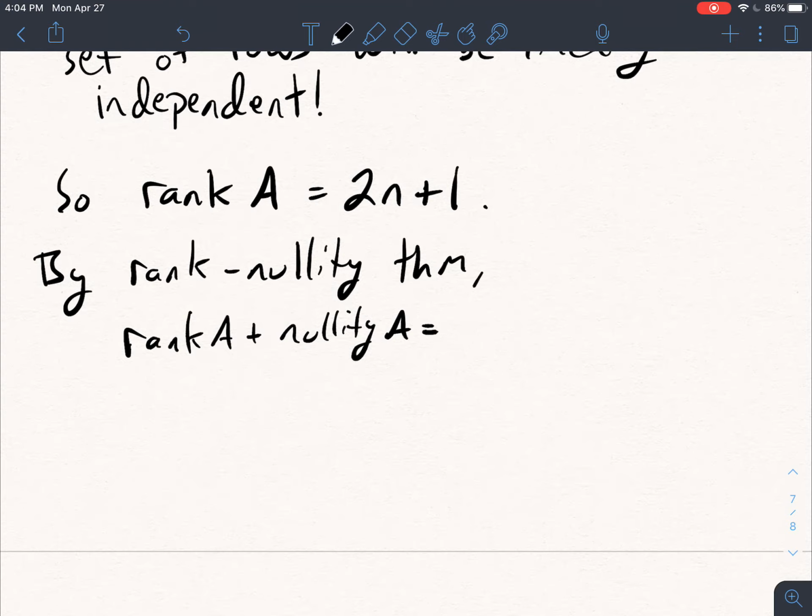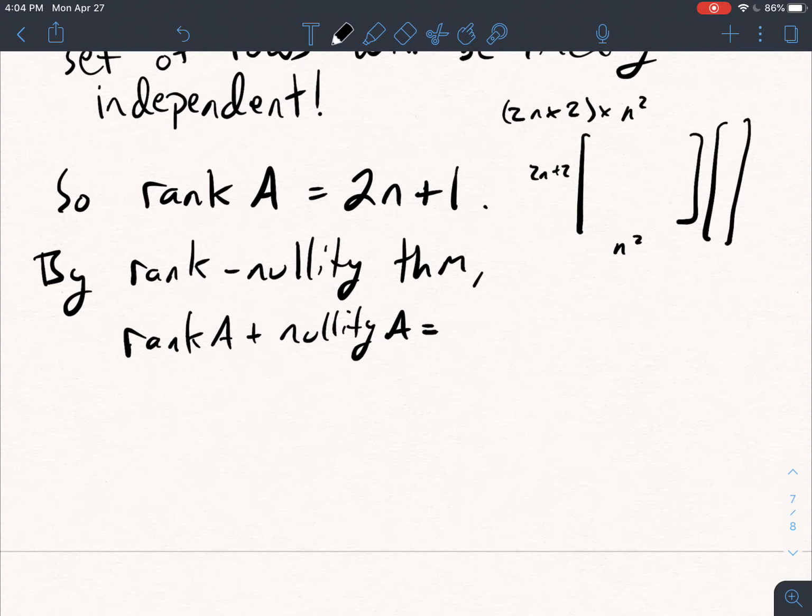I get that the rank of A plus the nullity of A is equal to the dimension of the domain of any map that A represents. So A is a 2n plus 2 by n squared matrix. So I have 2n plus 2 and then n squared. If I were to multiply by a vector, how many entries would this have to have for this matrix multiplication to make sense?